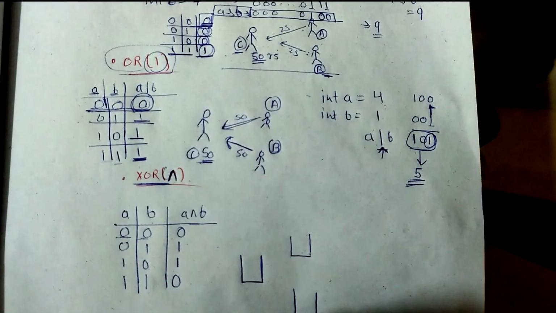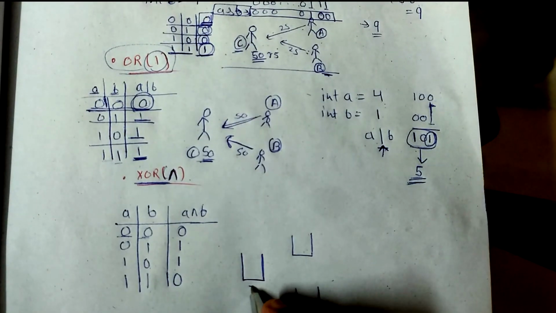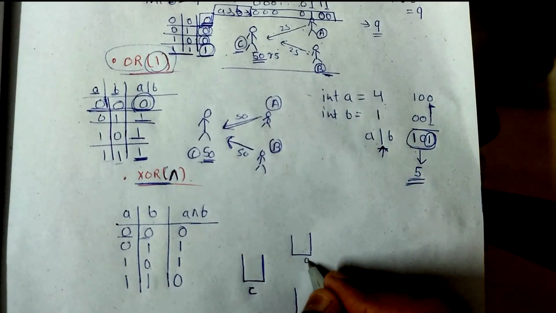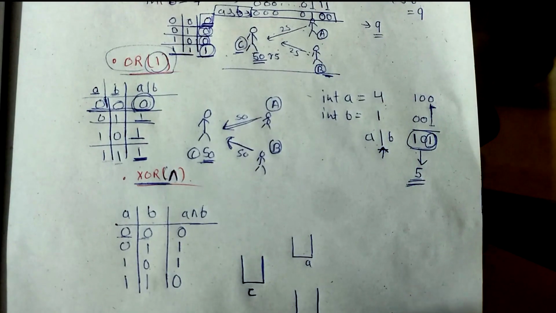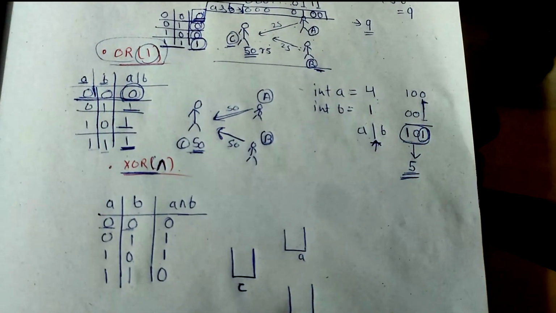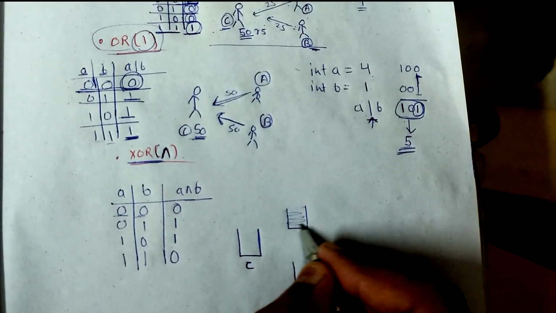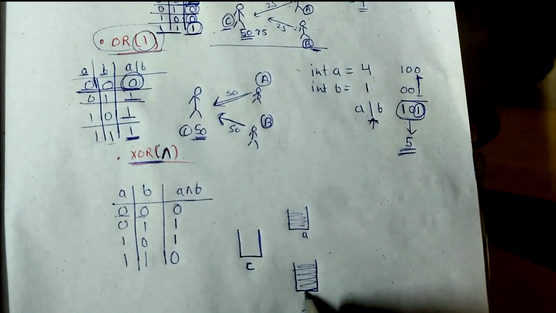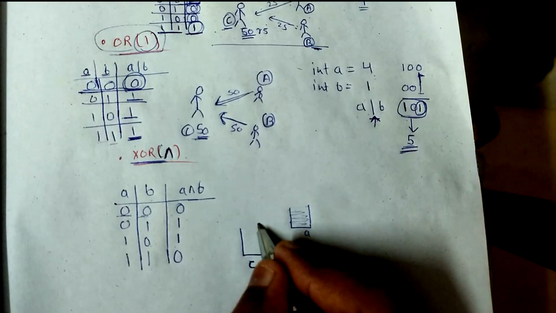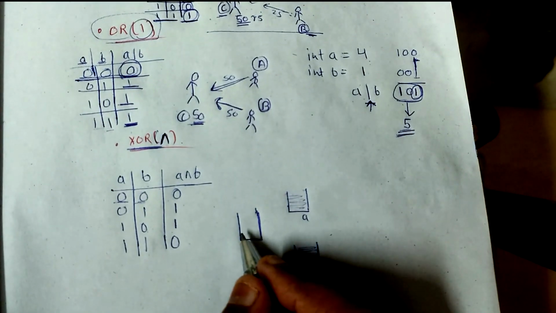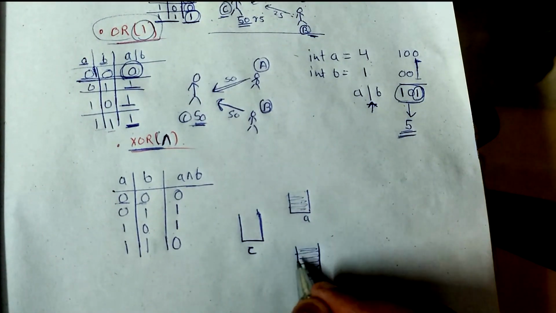Let's say this is bucket C, this is bucket A, this is bucket B. Now these two buckets are full, and they all have equal capacity, like each has the same volume.